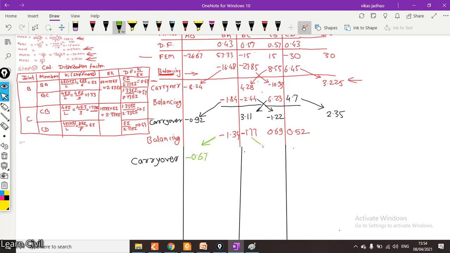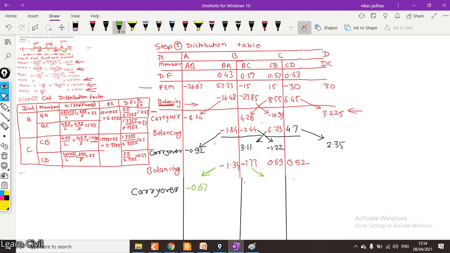Half of this minus 1.77 will be transferred to CB, so it will be minus 0.89. Half of this 0.69 will be transferred here, so this will be 0.35, and half of the other moment will be transferred to DC, so this will be 0.26.